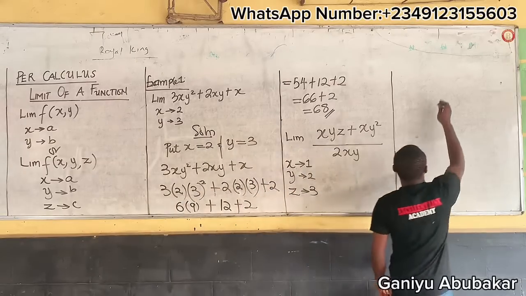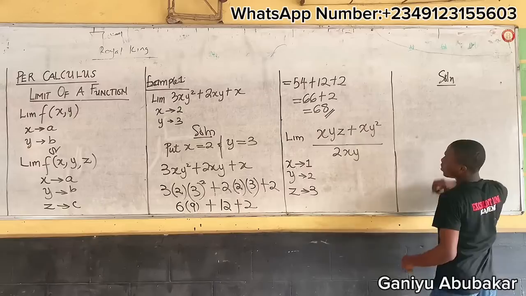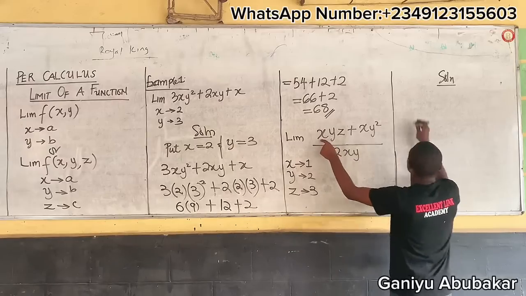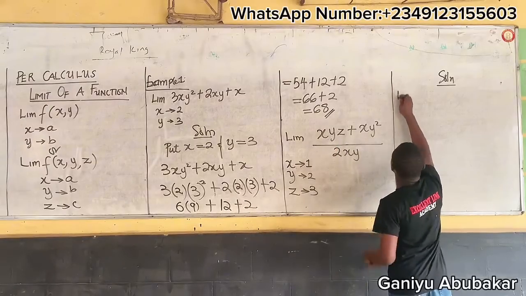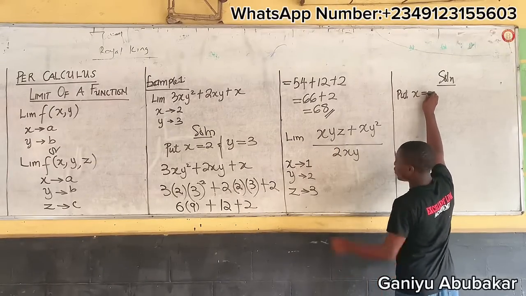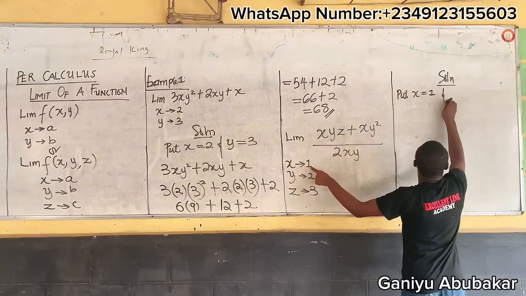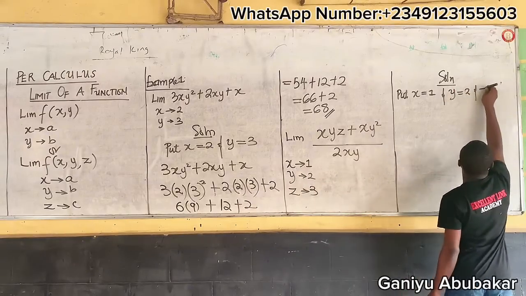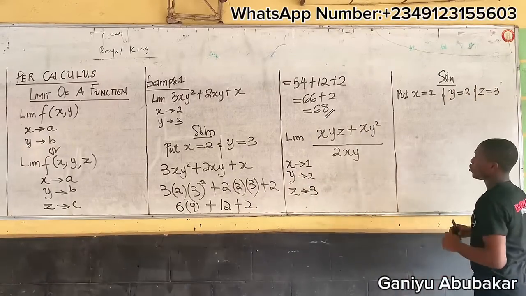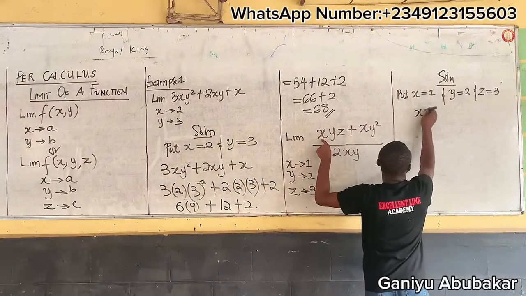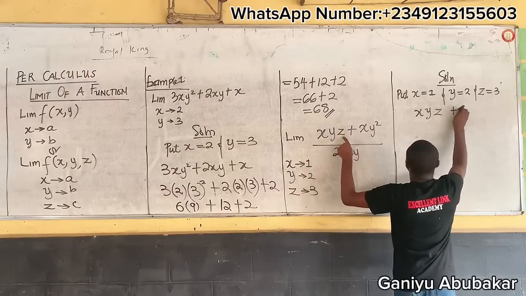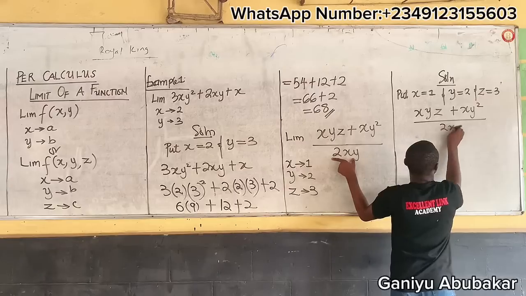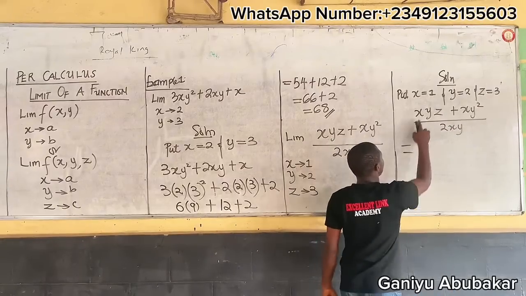So solution, just put your values into the given function. Put x as being equal to 1, y equal to 2, and z equal to 3 into the given function. The function is given as xyz plus xy squared all over 2xy.